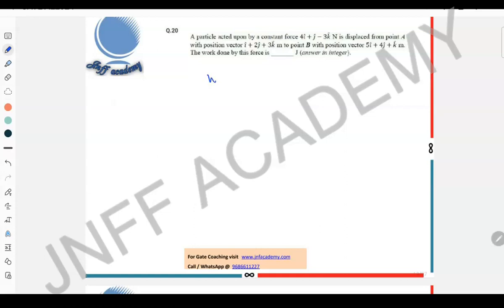So we should know the formula for work done in terms of vectorial representation. So F vector dot d vector. This displacement d can be written like this. The points which we have taken here are A and B. So AB is nothing but OB minus OA, the position vectors.